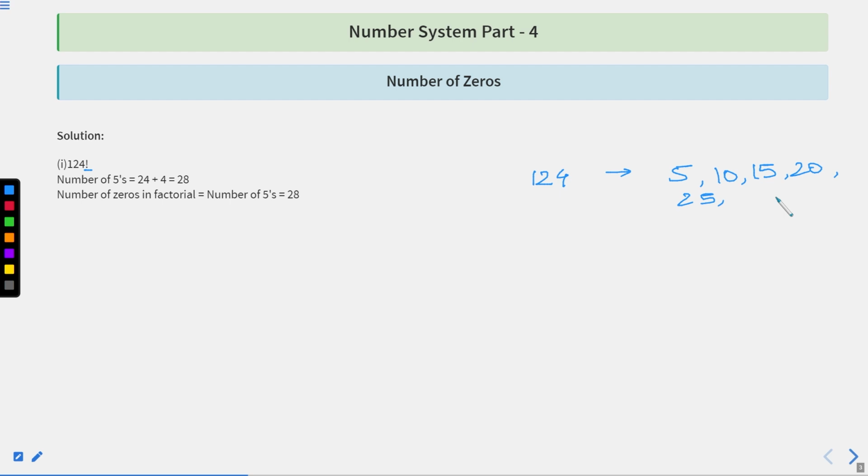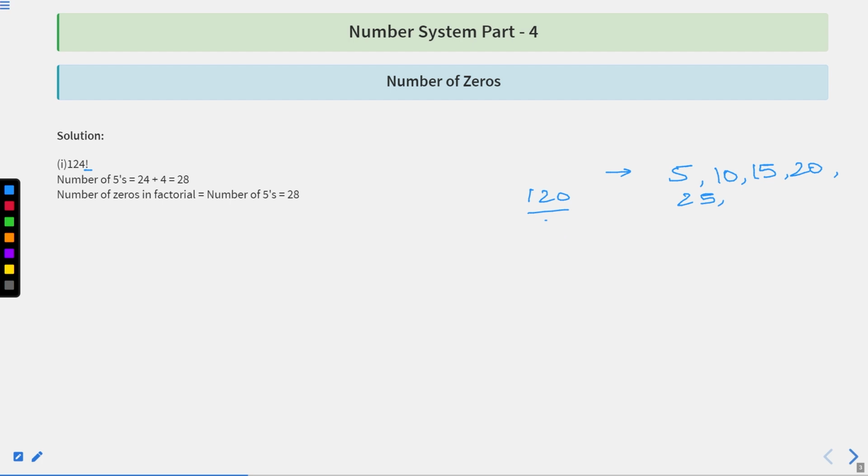So if I divide, not 124 but 120, what we do is take the nearest multiple of 5 that is less than 124, that is 120.